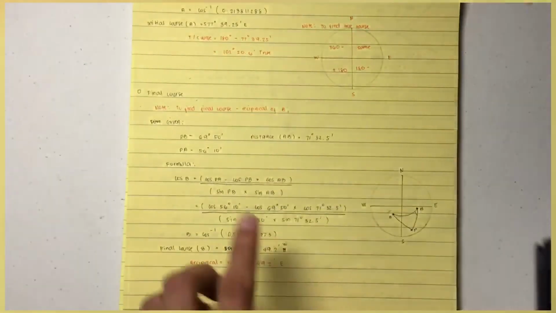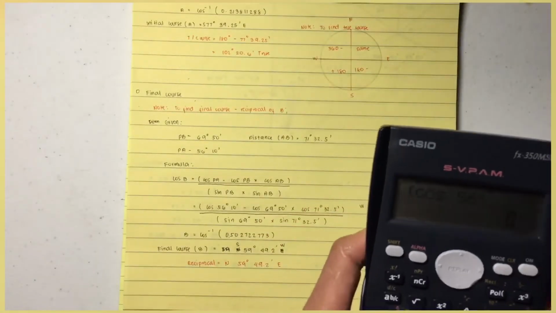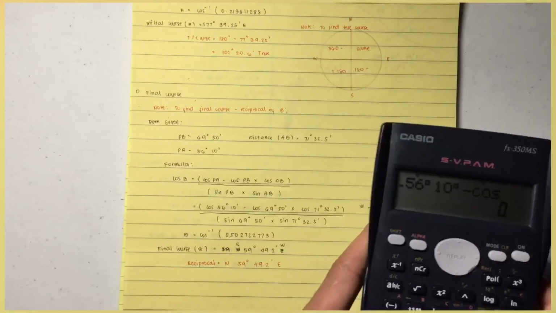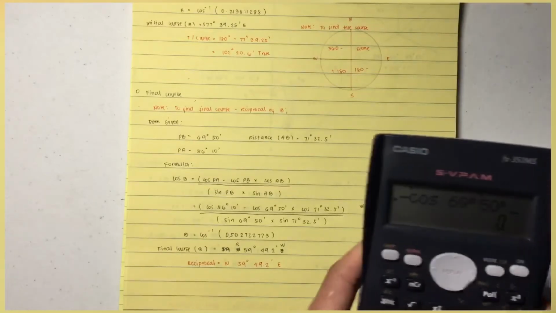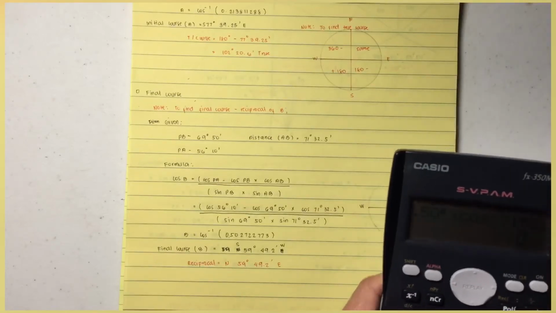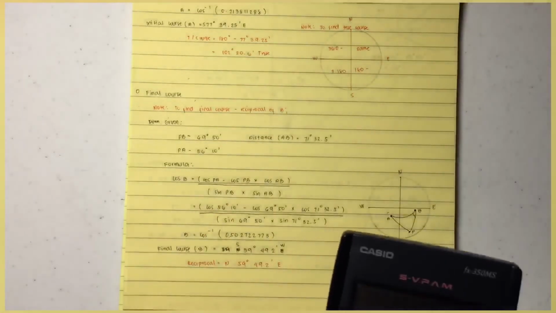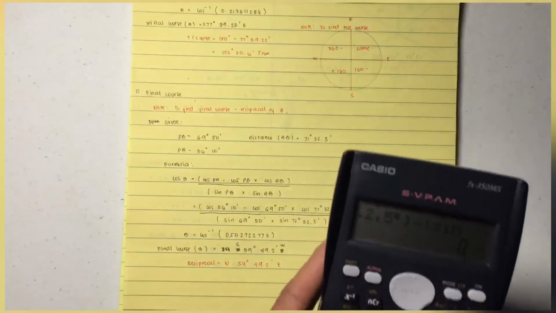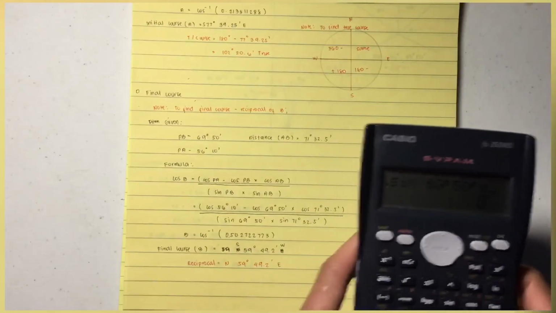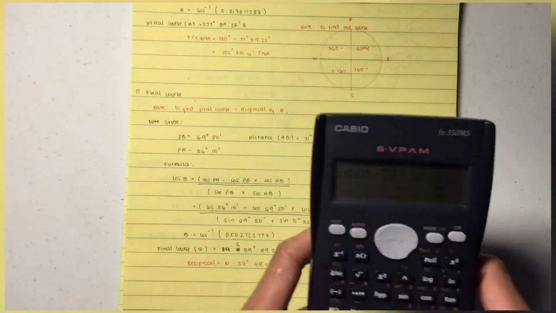We will operate this equation in our calculator. Open parenthesis, cosine 56 degrees 10 minutes subtracted by cosine 69 degrees 50 minutes multiplied by cosine 71 degrees 32.5 minutes, close parenthesis, divided by open parenthesis, sine 69 degrees 50 minutes times sine 71 degrees 32.5 minutes.